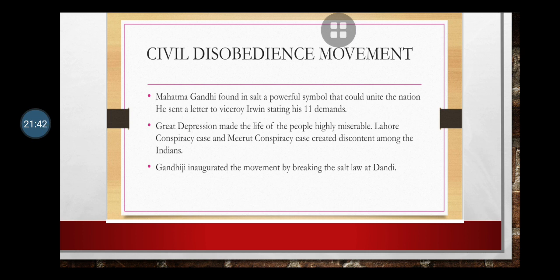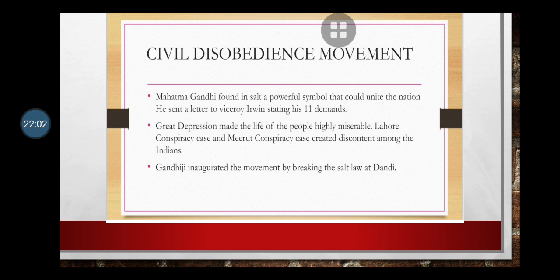You've seen how under the non-cooperation movement there was another movement also going alongside, that was the Khilafat movement. The two brothers Muhammad Ali and Shaukat Ali, and the Muslim world particularly, were unhappy with the possible harsh treaty that could be imposed on Ottoman Turkey.